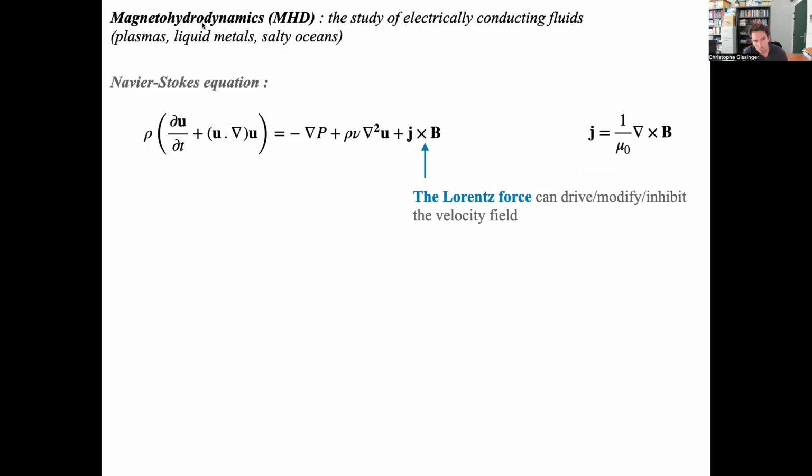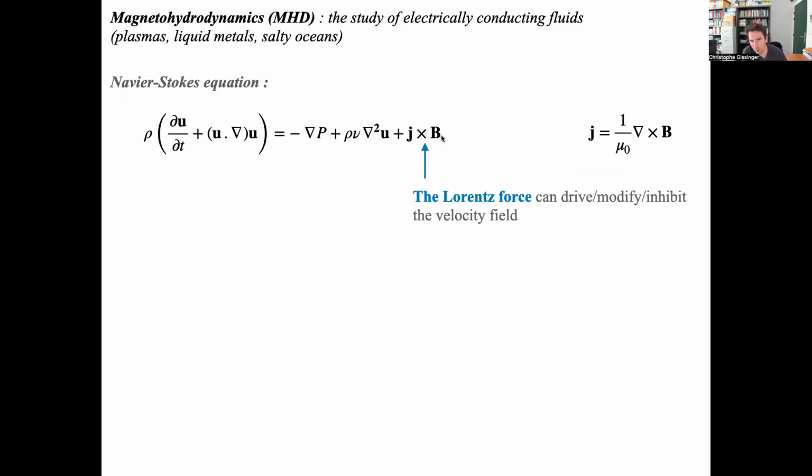Now, we first need to describe the flow motions when we're doing MHD. So of course, you need to solve the Navier-Stokes equation. The main difference with classical hydrodynamics is the Lorentz force here, where J is the current and B is the magnetic field. This simply describes how a magnetic force can drive, modify, or sometimes inhibit the flow motions.